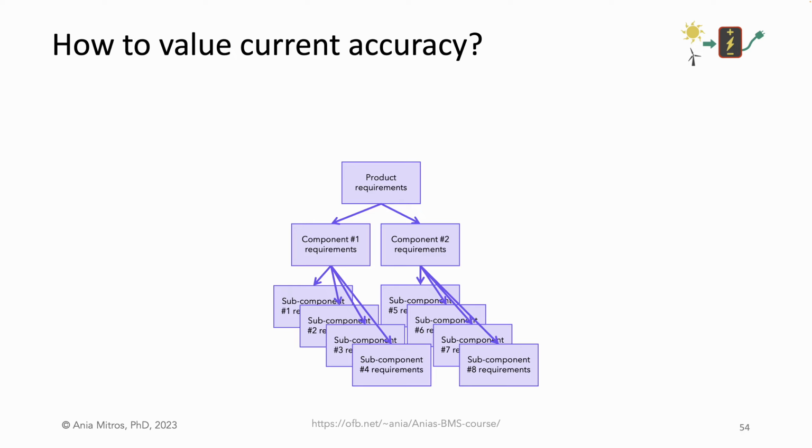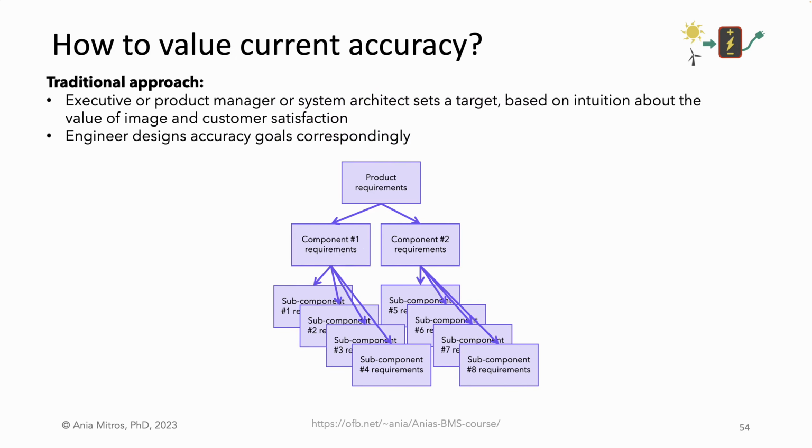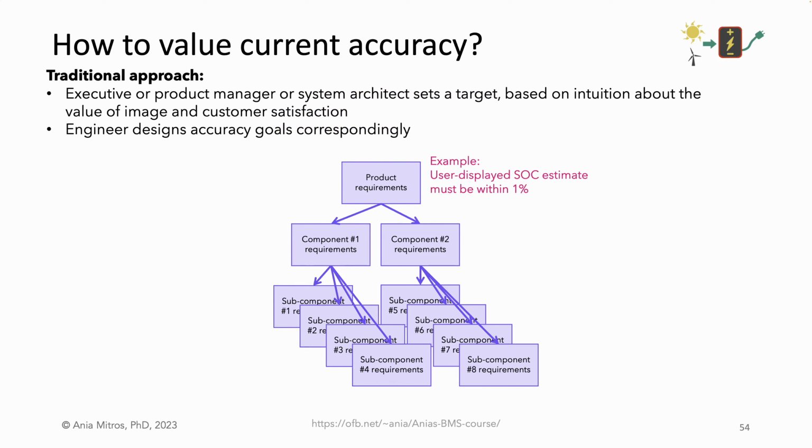In practice, current accuracy may be an example where the traditional approach is best, wherein a company executive or product manager or system architect sets a performance target based on their intuition or past experience, and the engineer designs to this intuitively chosen target.